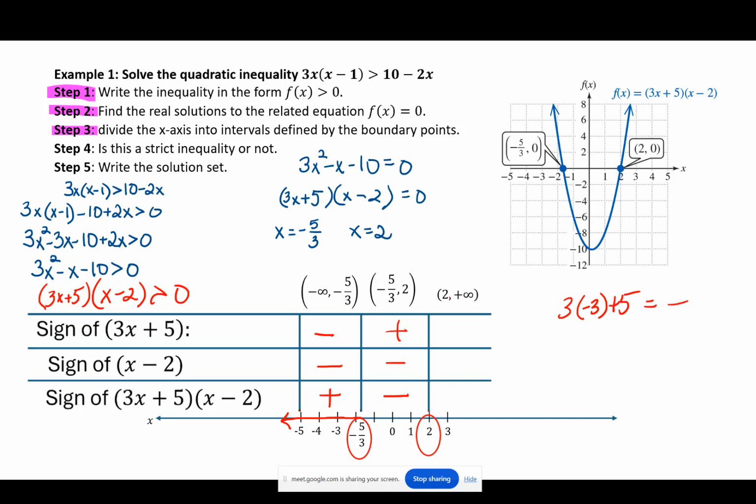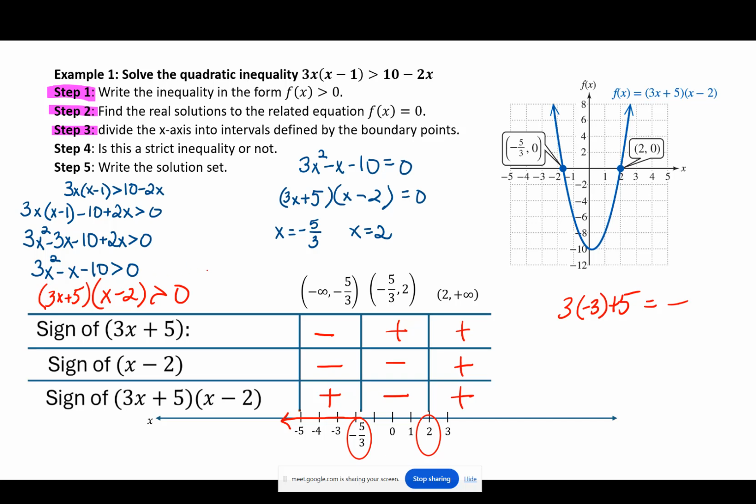If I look at the interval from 2 to infinity, I can choose 3. If I put 3 into the factor 3x plus 5, I get 9 plus 5, which is positive. If I put 3 into the factor x minus 2, I get 3 minus 2, which is positive. And therefore, the function is positive on that interval.